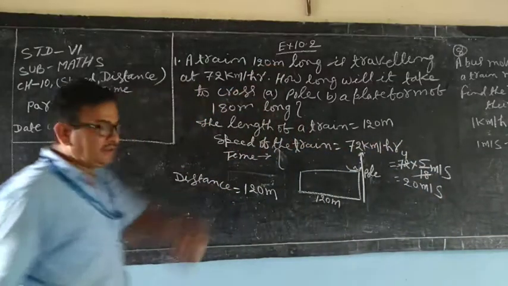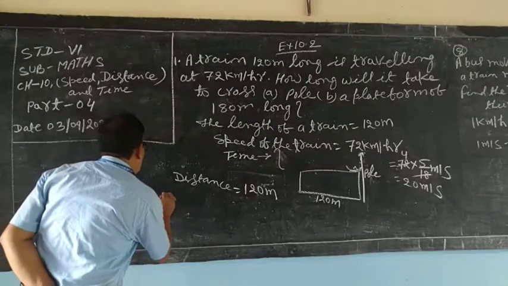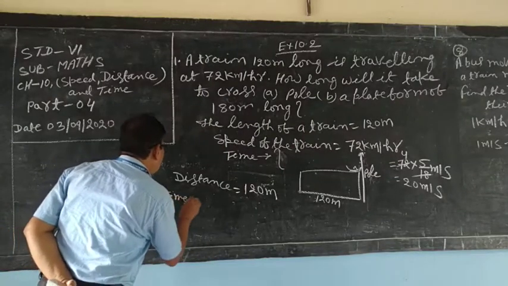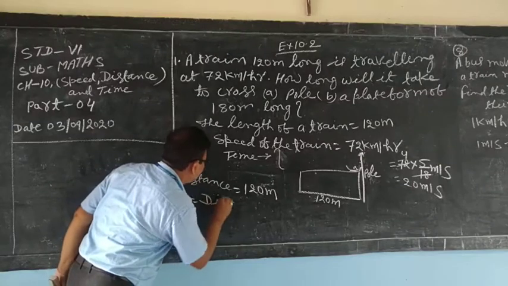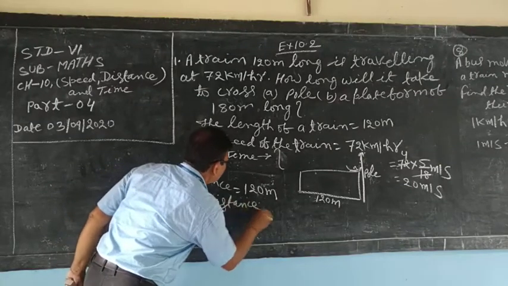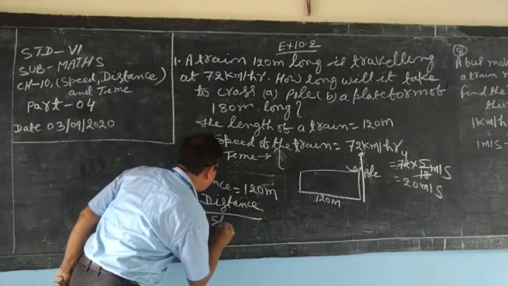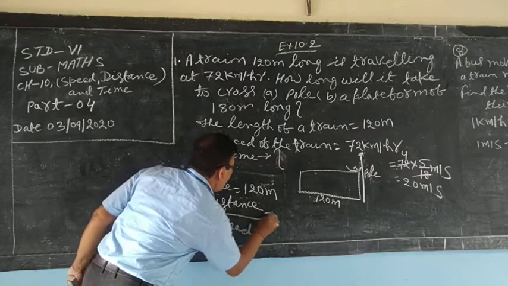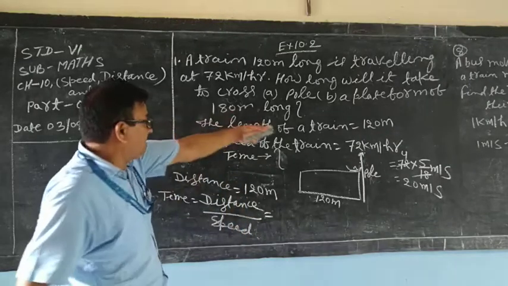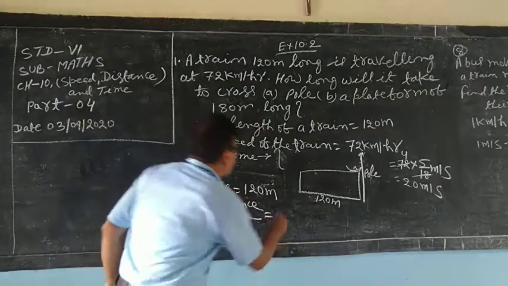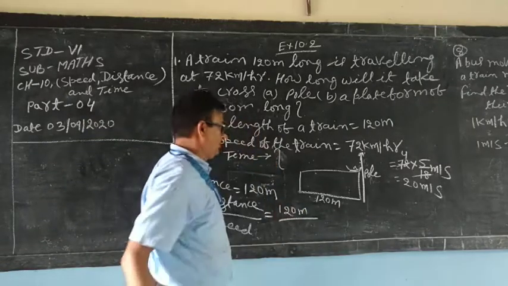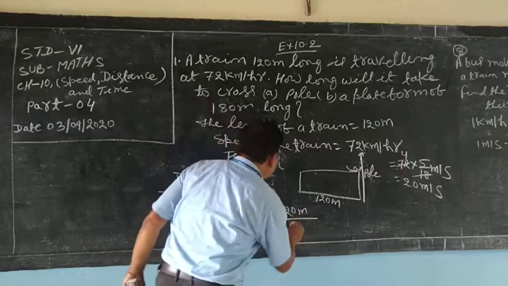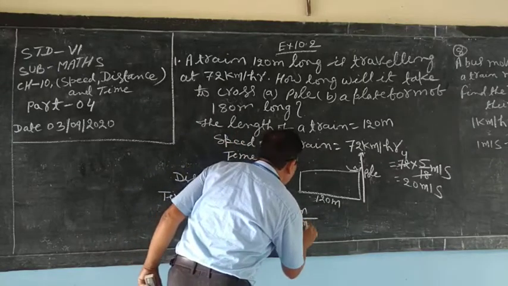Now what is asked? Time. Time is equal to distance by speed. The distance is the length of the train, 120 meter, by the speed, 20 meter per second.